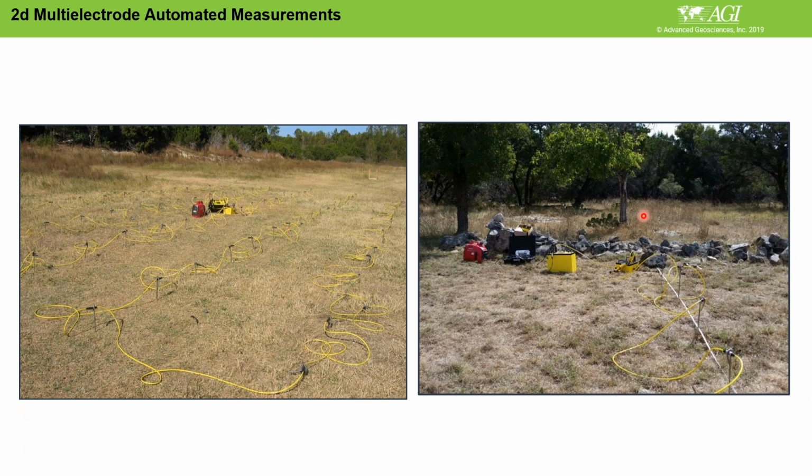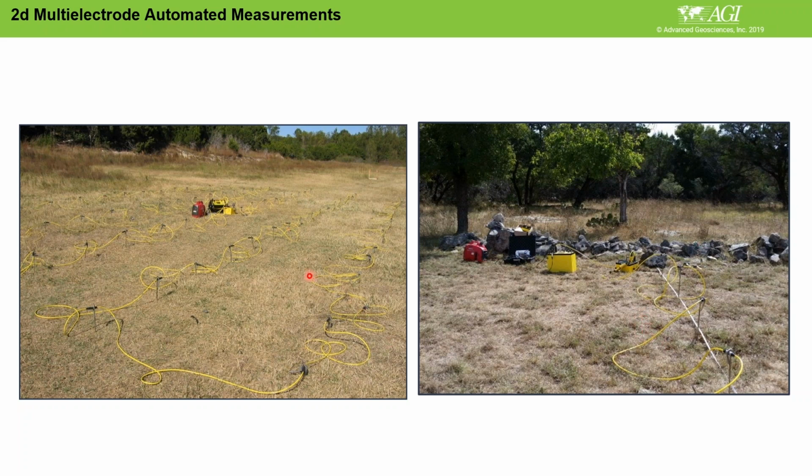There's no technical limitation at all; the limitation is the budget and the purpose of the study. Sometimes you don't need that much. Maybe just 56 or 112 electrodes will be sufficient for most studies.